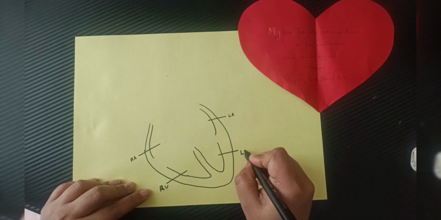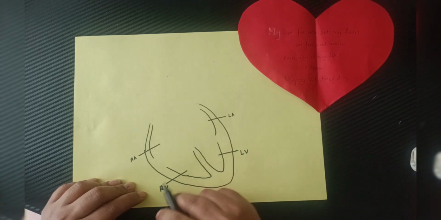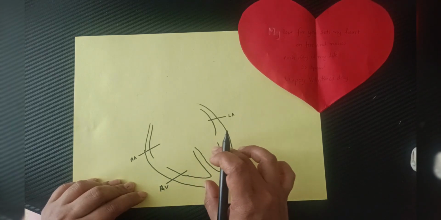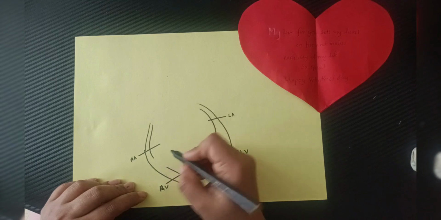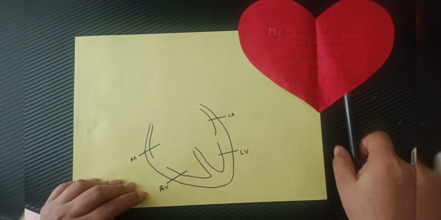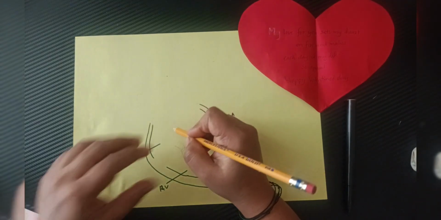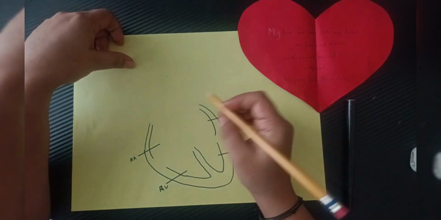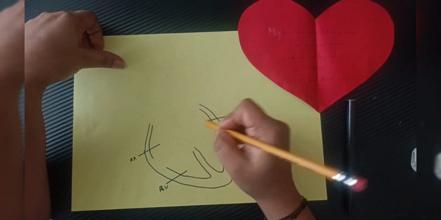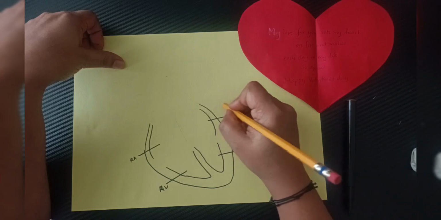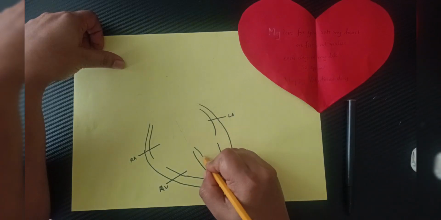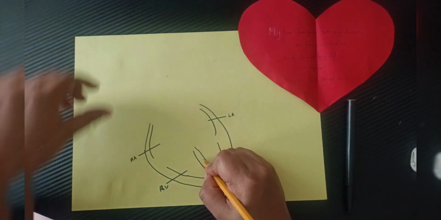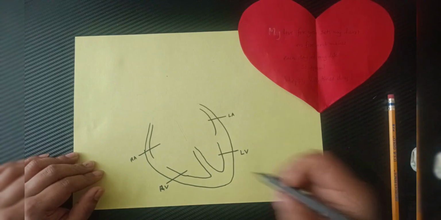After drawing the ventricles, we can give one separation to the auricles, and here is the interauricular septum, and this one is the interventricular septum.